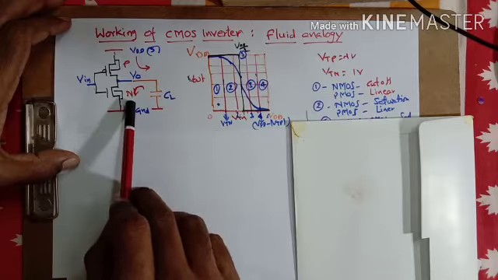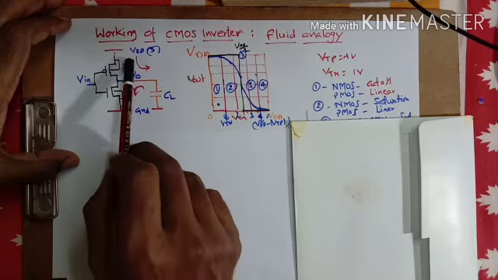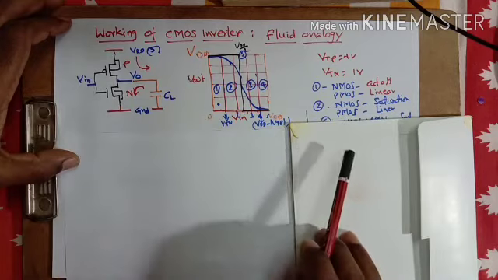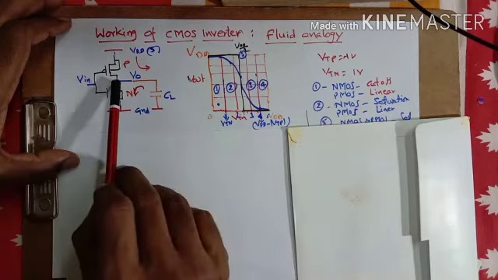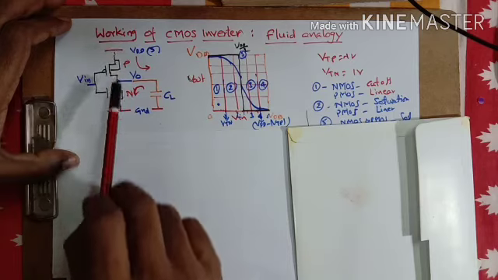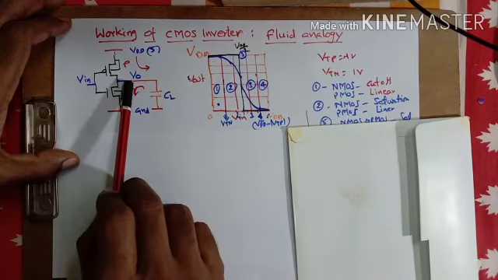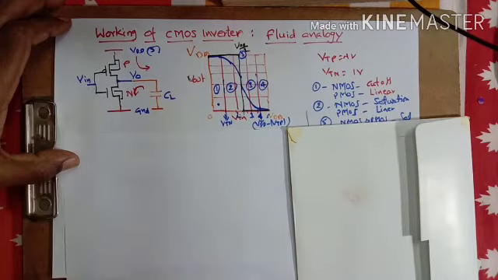So the current which is passing through the PMOS transistor, because PMOS is in linear region, now depends upon the VDS, drain to source voltage, that is V0 minus VDD. So V0 will keep on reducing. That makes V0 minus VDD will be increasing further.